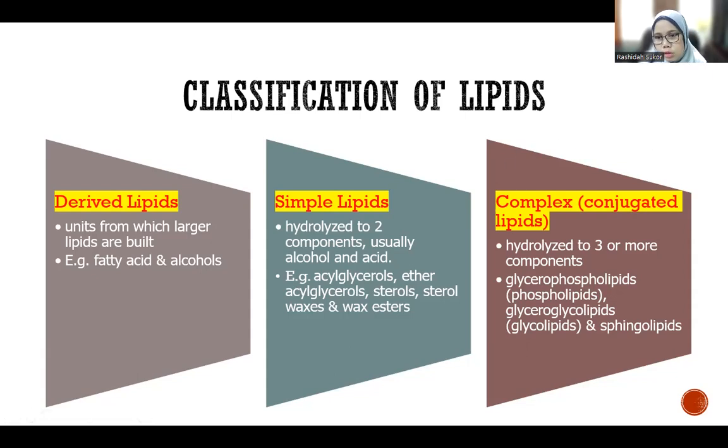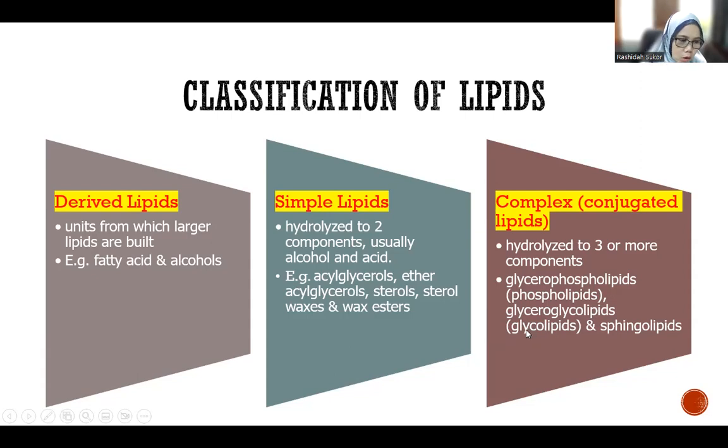And then we also have another one which is conjugated lipids. These are hydrolyzed to three or more components, so they break down into three or more components. For example, phospholipid, which has a phosphate group combined together with lipid. They also have glyceroglycolipids, or we call them glycolipids.